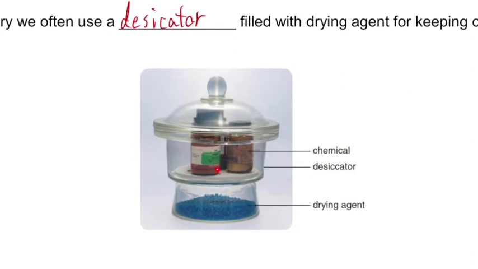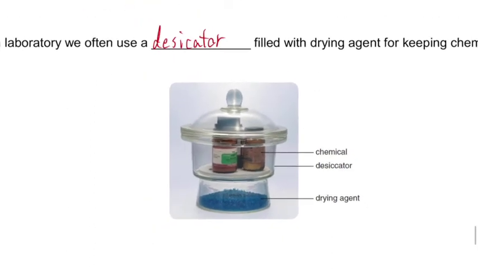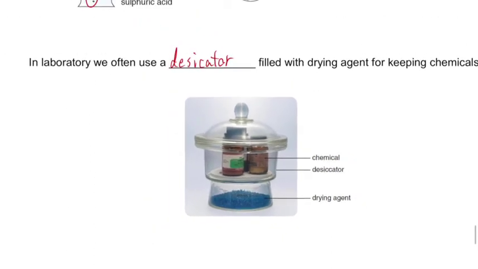Those holes let the air go through, and we have the drying agent at the bottom, which absorbs the water vapor inside this desiccator and makes sure our chemicals do not come into contact with the water vapor. So that's a setup that we also use in the laboratory to keep our chemicals dry.